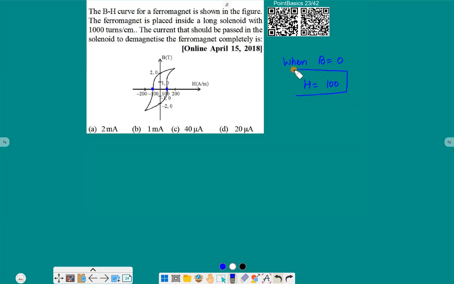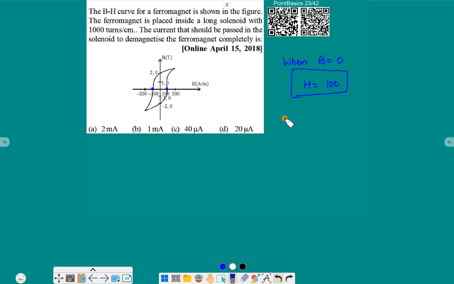So we have to solve for this H equal to 100, and the corresponding current that is required to produce H equal to 100 will be the required value of current that needs to flow in the circuit, so that the magnetic field of the material is reduced to 0.